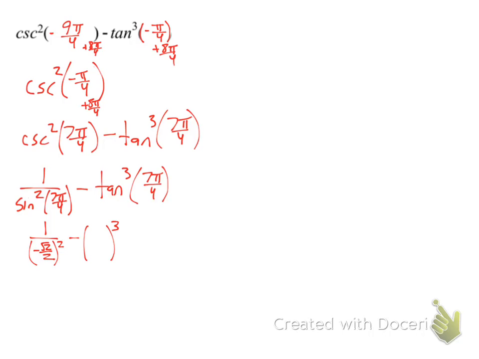Okay, let's take a look here. Draw another triangle: 1, 1, square root of 2. What's the tangent of 45? It's 1 over 1. It's 1. Now, the only thing you need to worry about is where 7 pi over 4 is. It's in the 4th quadrant, and in the 4th quadrant, cosine is negative.